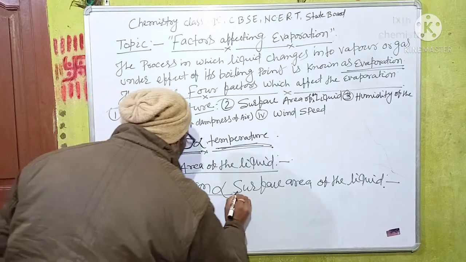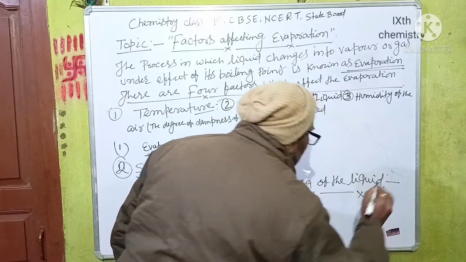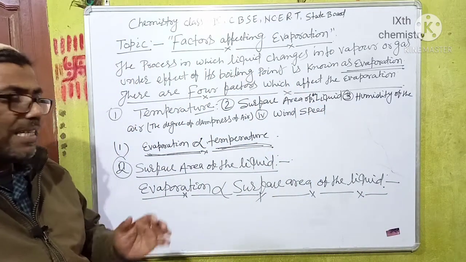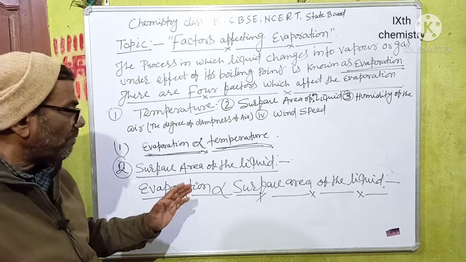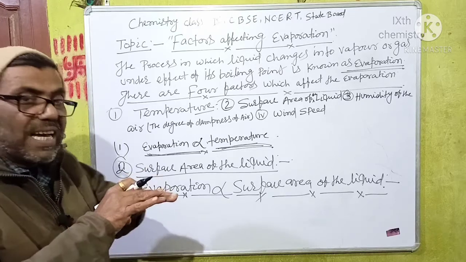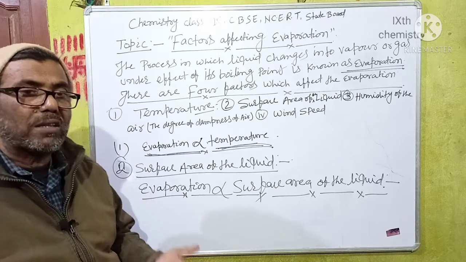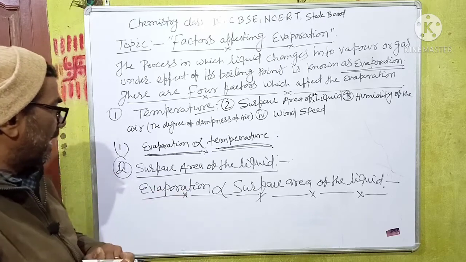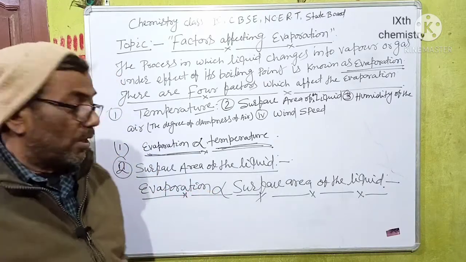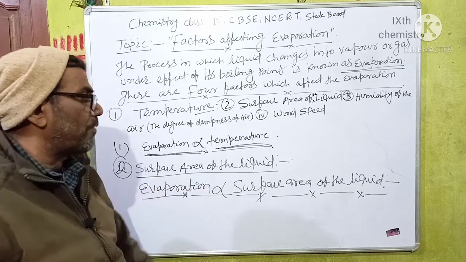When the liquid is found in a small surface area, then its volume is more and its evaporation is less. But when the surface area is large, then evaporation occurs more; as the surface area increases, the evaporation of this liquid also increases. So we can say that evaporation is directly proportional to the surface area of the liquid.